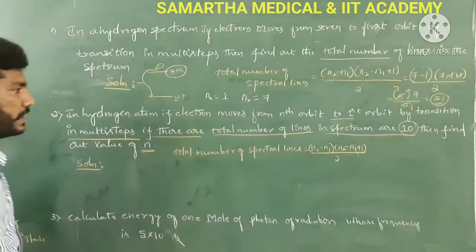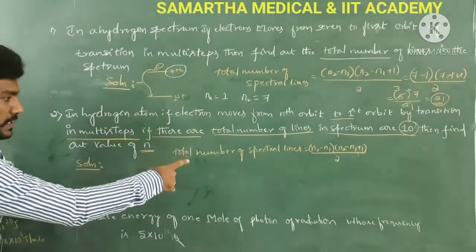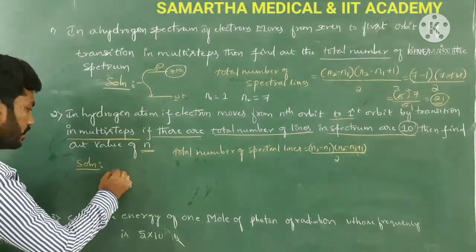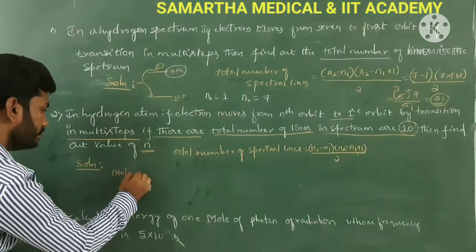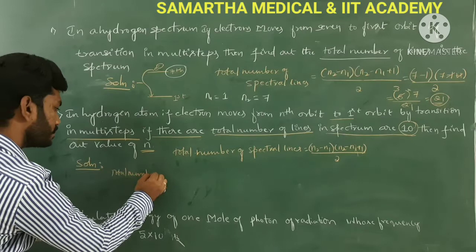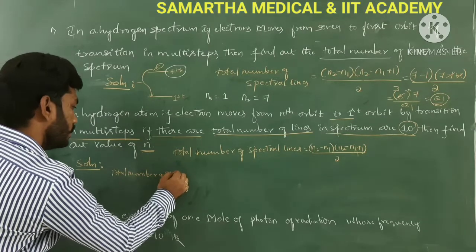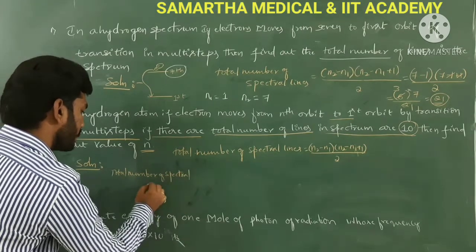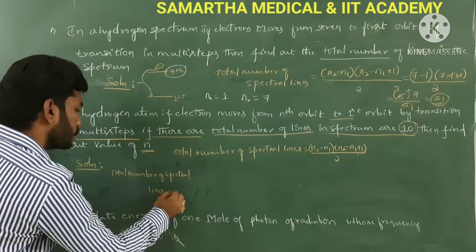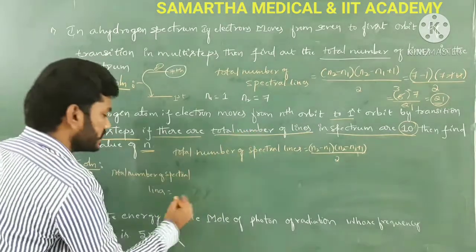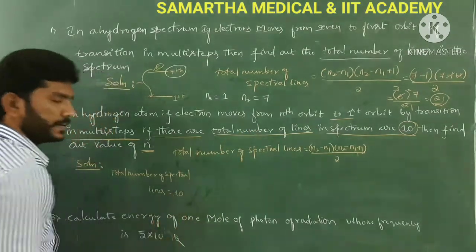In this numerical, one given term is the total number of spectral lines. The given value, take it down, guys, is 10.